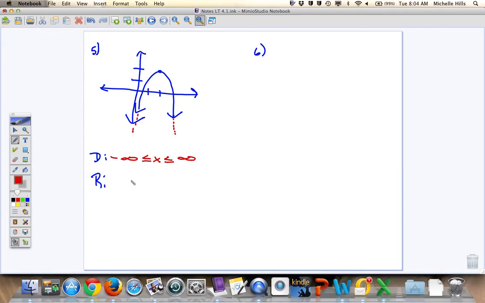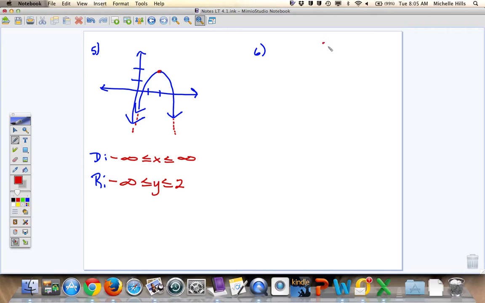Y, however, it keeps going down forever to negative infinity, less than or equal to y, less than or equal to, but here is the highest it ever goes. It never goes above this point, and that's where y is 2. So you're going to have some infinities in there as well.